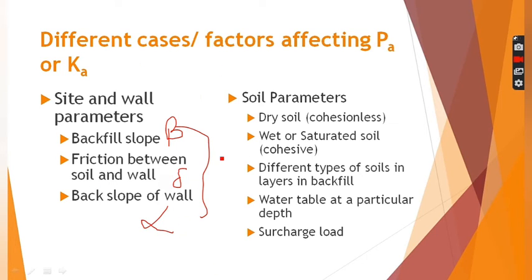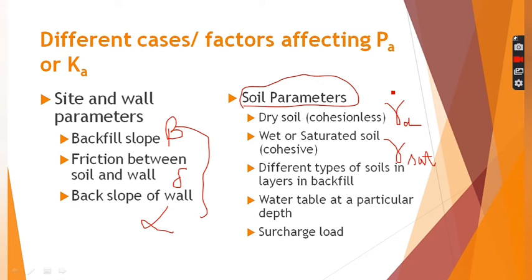Apart from these, there can be a variety of other soil parameters which can affect the value of Pa or Ka depending on the condition. So the backfill can be either dry, that is cohesionless, which is a very ideal case, usually not possible. Next is wet or saturated soil, cohesive soil. The main difference in these two is, if there is dry soil, we will use the dry unit weight, and when there is saturated soil, we use gamma saturated or gamma submerged.